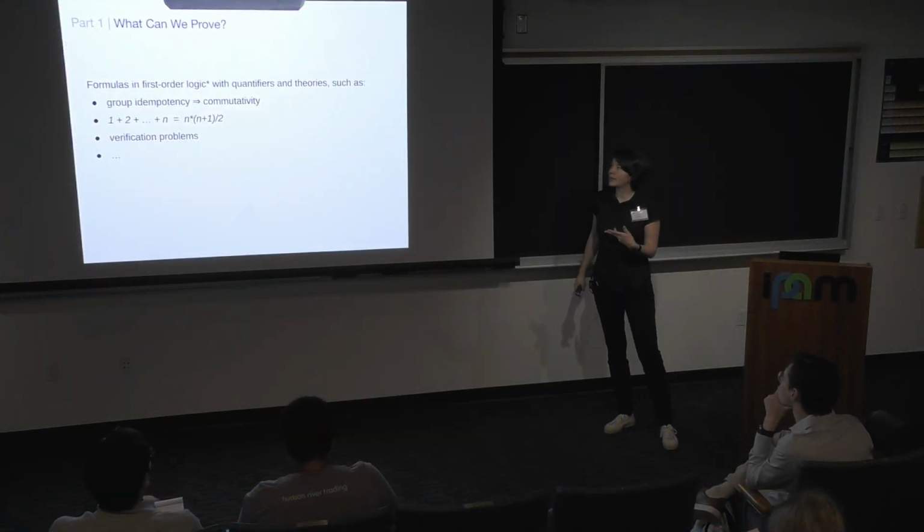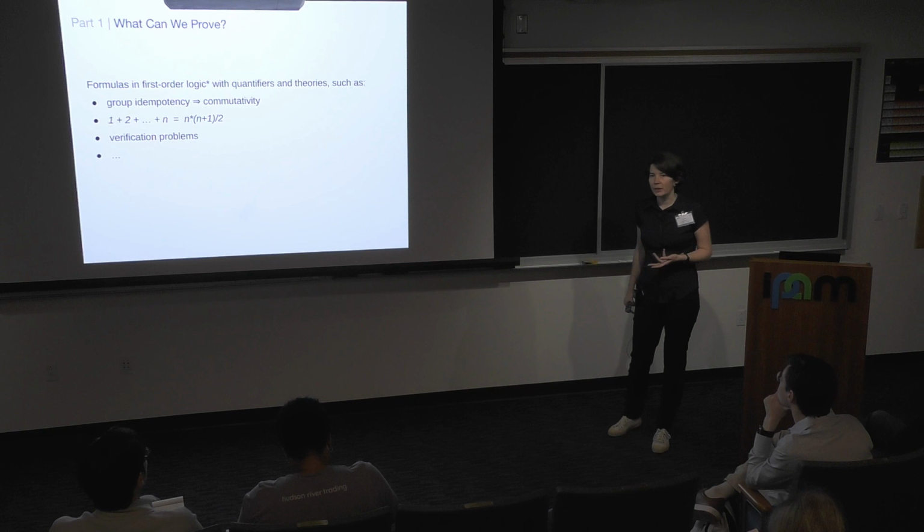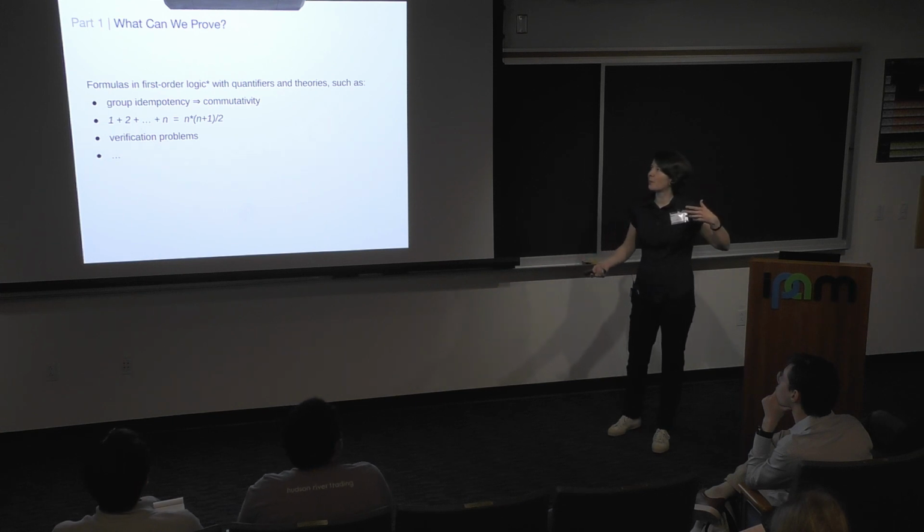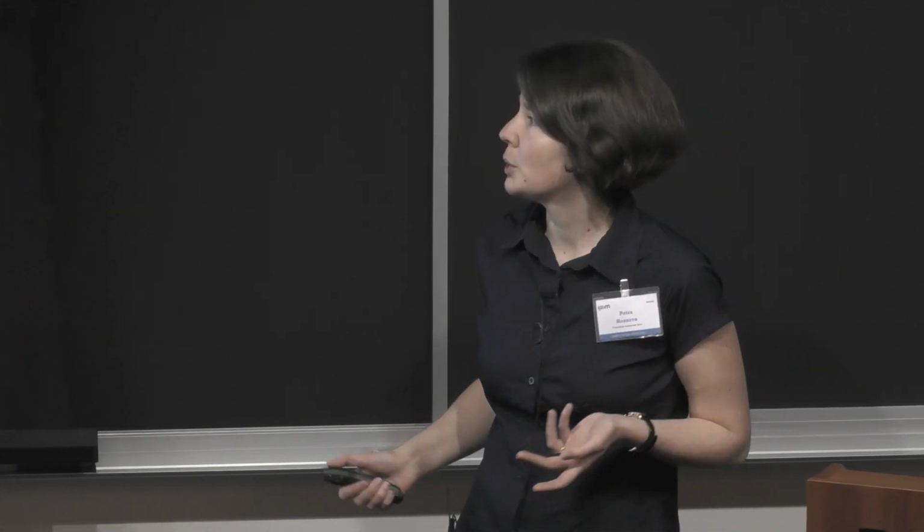And these formulas can use quantifiers, and they can also use theories. Of course, the more quantifiers and the more theories we use in the formula, in general, the harder it becomes to reason about it. But we don't have any categorical limitations on how to use quantifiers or theories. So the formulas that we are able to prove here are, for example, simple mathematical properties, such as that if a group is idempotent, then it is also commutative.